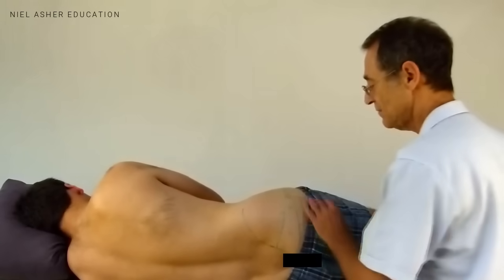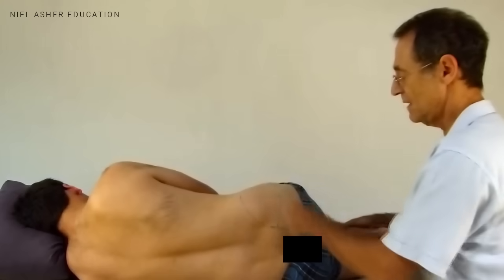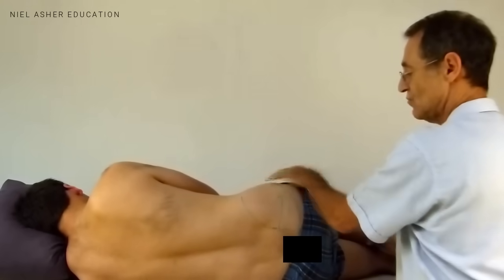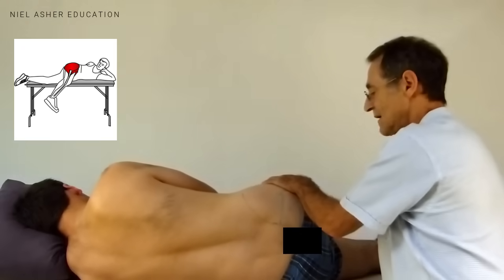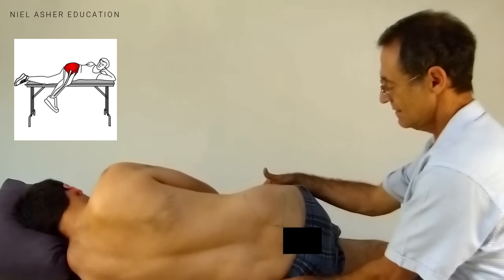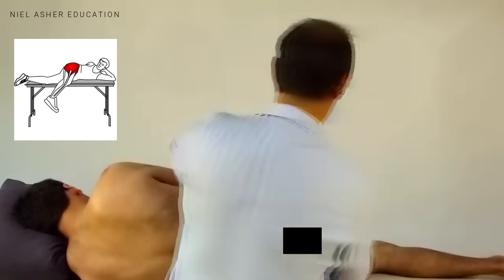So to stretch the muscle, you can see the length of the muscle now. If you flex your hip and then adduct, which is to drop the knee and the leg over the edge of the bed, like that. So I'll move out the way.